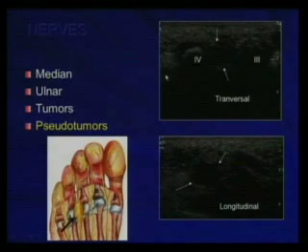We can also check for pseudo tumors, like the Morton neuroma. So you can see here the digital nerves. These are the metatarsal heads, and these are the intermetatarsal ligaments.